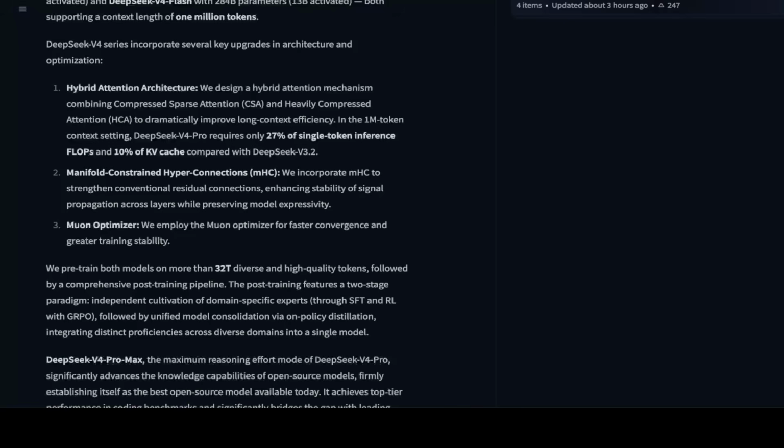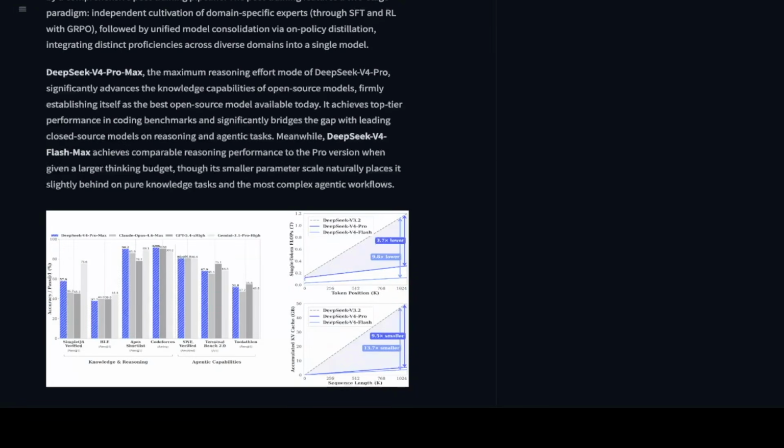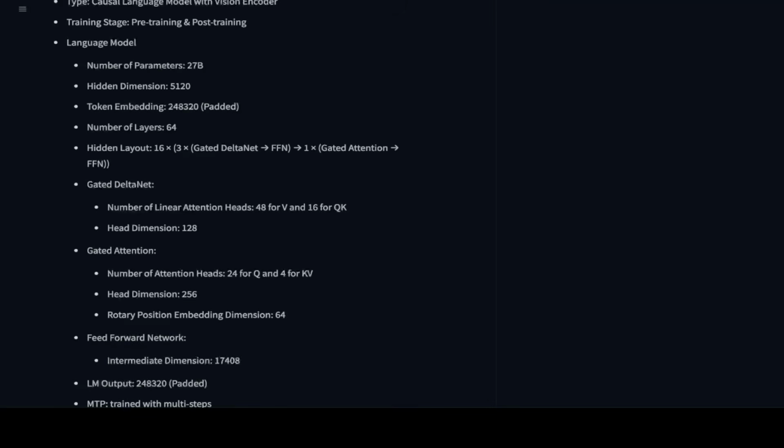And for the training, they use the Muon optimizer. So they employ a Muon optimizer for faster convergence and greater training stability. So this is great, but for the Qwen3.6, how does that work? The Qwen3.6 actually uses a gated delta net and also the gated attention.